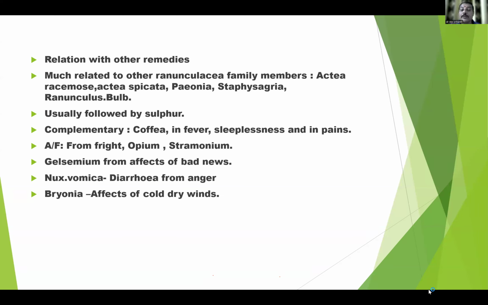You will be astonished to note that all these repetitions will calm down after giving that chronic remedy. That complementary remedy may vary, but usually for Aconite, in 70 to 80% of cases, sulfur is its natural chronic and complementary. For Belladonna, it is Calcarea carbonica, the natural chronic and complementary remedy.